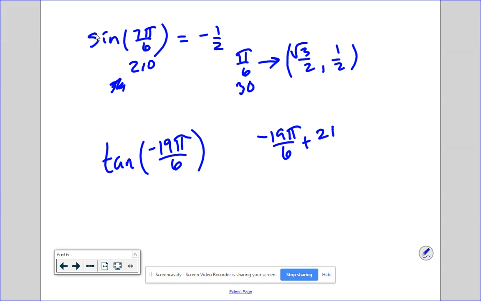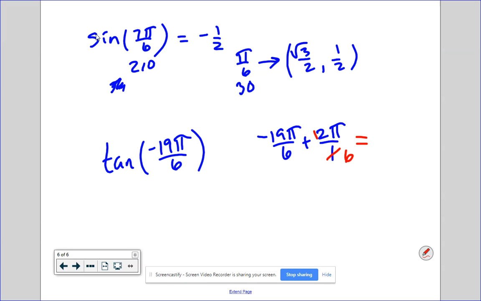So, to find this, we have to add 2 pi to this. And to add fractions, what do we have to have? Common denominator. And what's the common denominator between 1 and 6? 6. So that makes that 12 pi over 6, because 12 divided by 6 is 2.